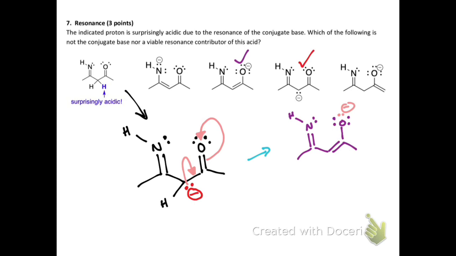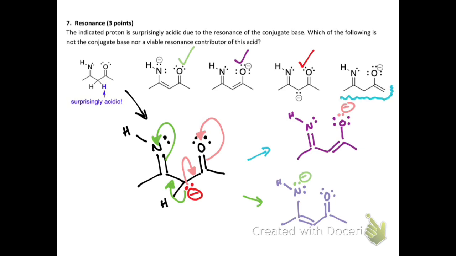Now, the other way that we could push our electrons is we could instead put these electrons right here and push these electrons back, which would give us this structure with a lone pair of electrons here and the negative formal charge moved. So this one here is also good. The only one that does not work is this one right here. One of the rules of resonance is you can't move around atoms.